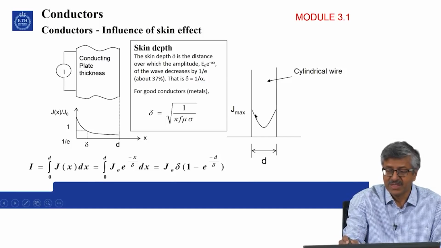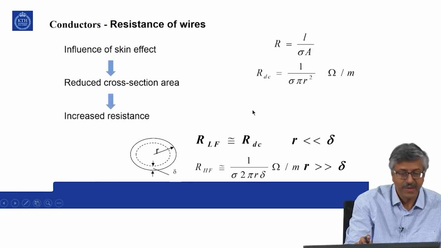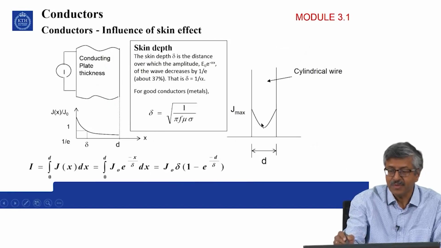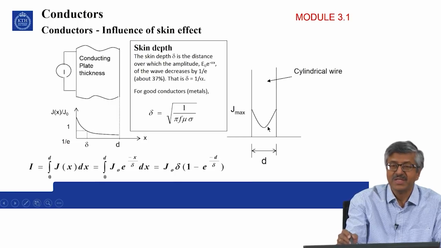As the frequency is increasing, this becomes steeper, and as the frequency is increasing even further, you may come to a state in which most of the current is confined to the surface and the inner part of the conductor is not carrying any current.